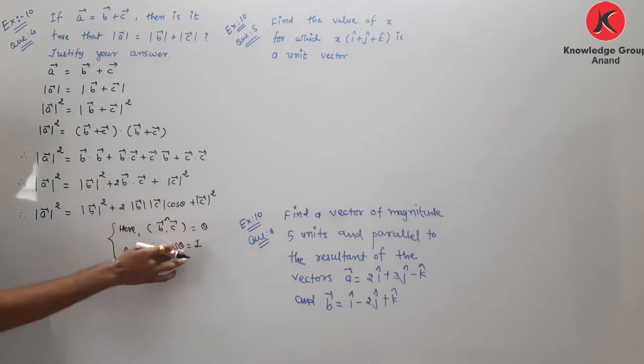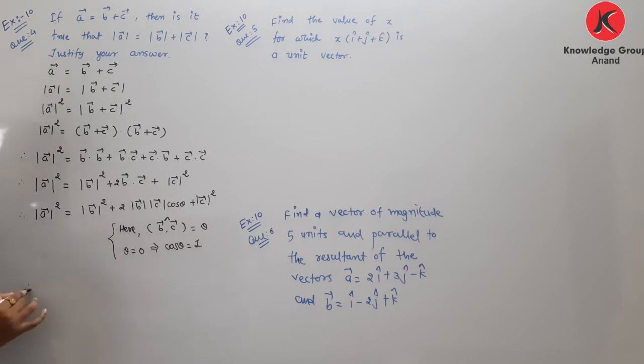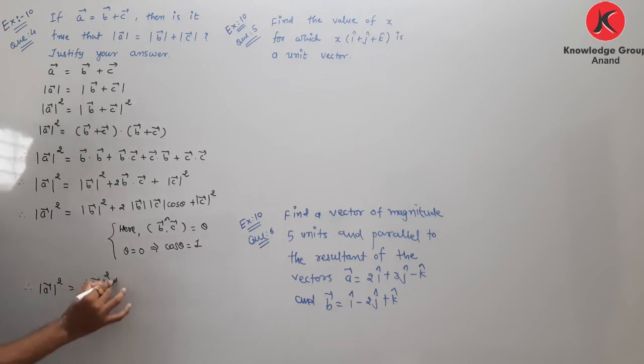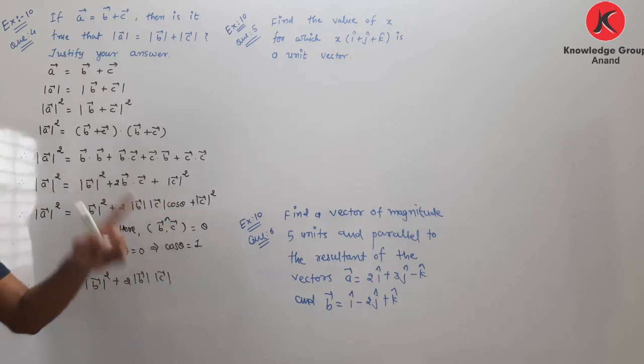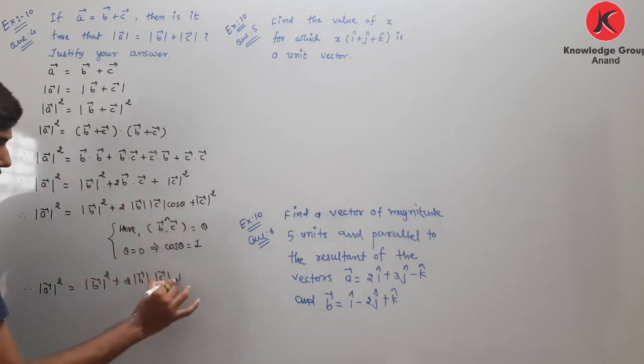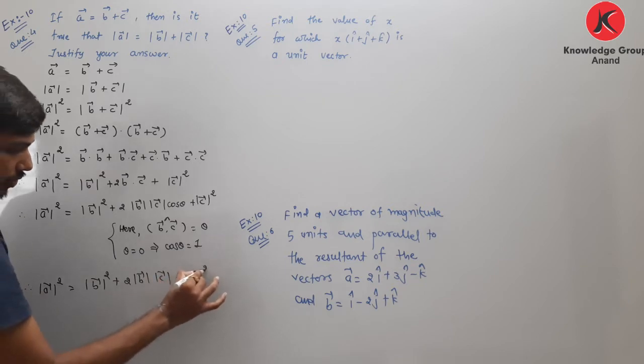If I am taking cos theta equals 1, then I will get the result magnitude of vector A whole square equals magnitude of vector B square plus 2 times magnitude of vector B into magnitude of vector C into 1 plus magnitude of vector C whole square.